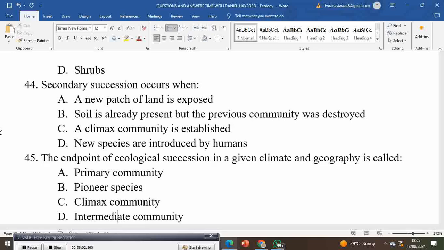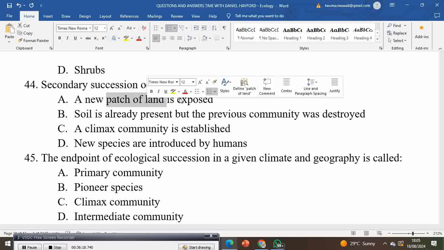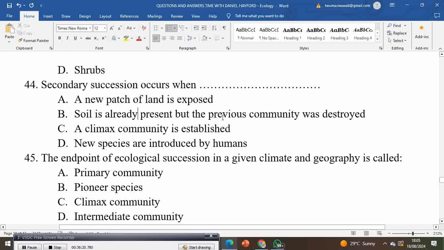Now, let's go to 44. Secondary succession occurs when, so we are supposed to complete a sentence. So how will you complete that one? A, a new batch of land is exposed. B, the soil is already present, but the previous community has been destroyed.